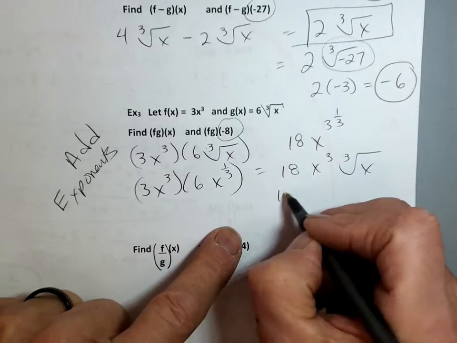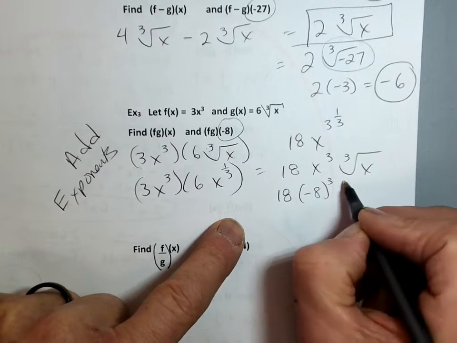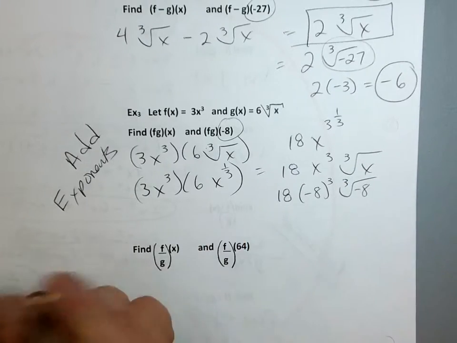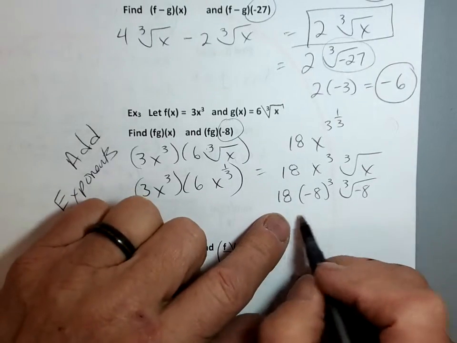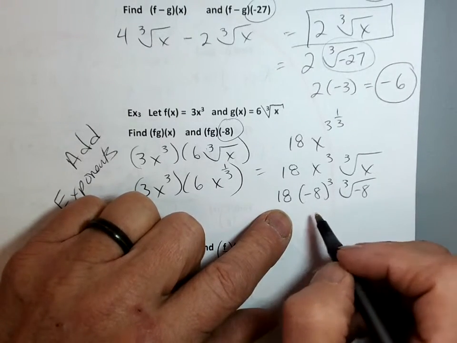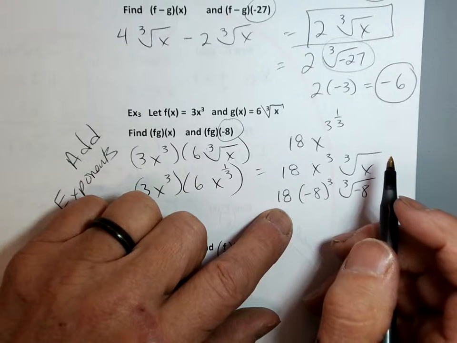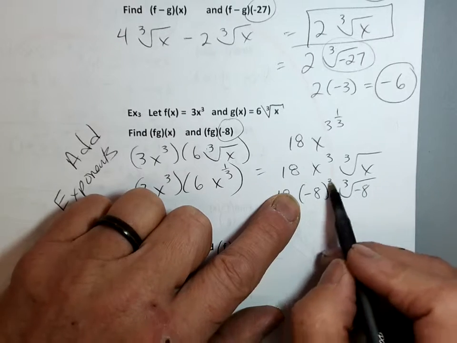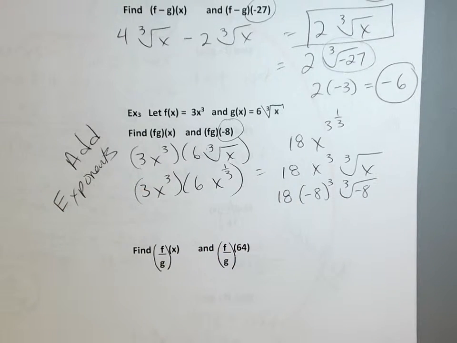So I'm going to go 18 times negative 8 cubed times the cube root of negative 8. Okay, will you help me out with that? What is negative 8 cubed? It's going to be a negative 512? Is it negative 512? Okay, hey.